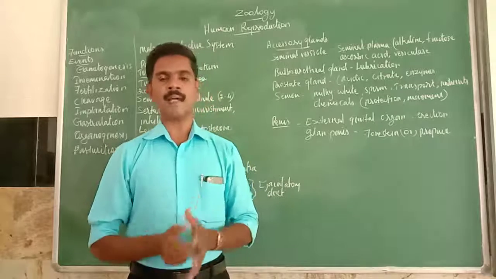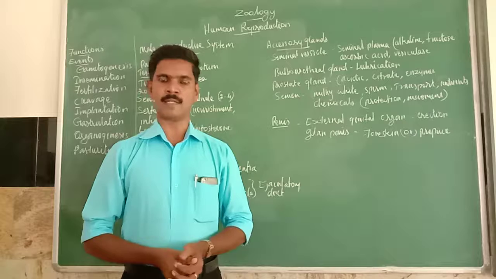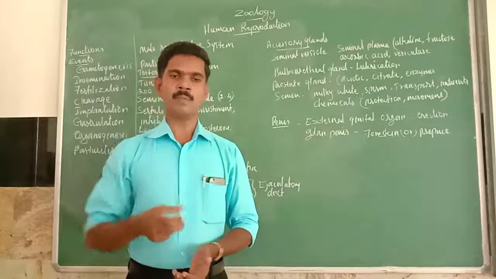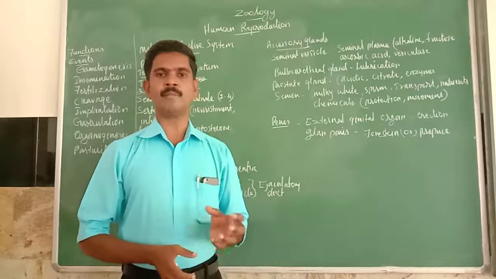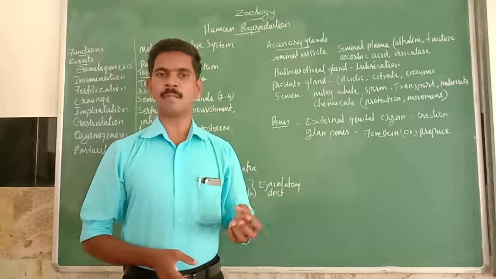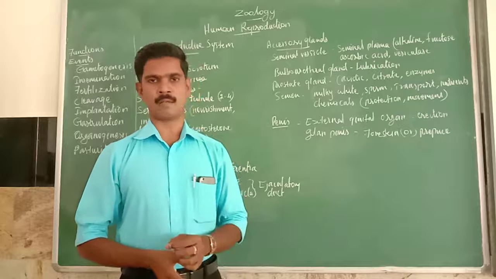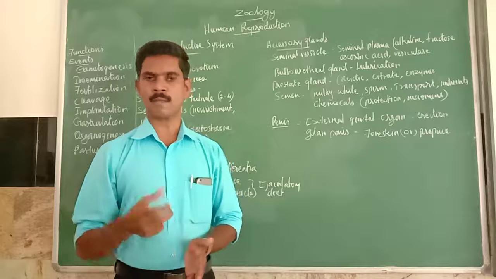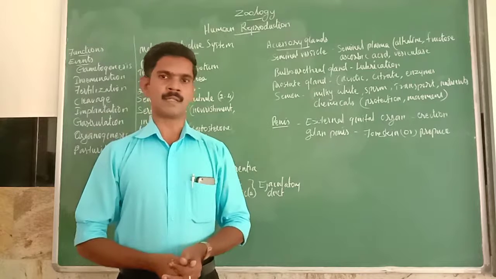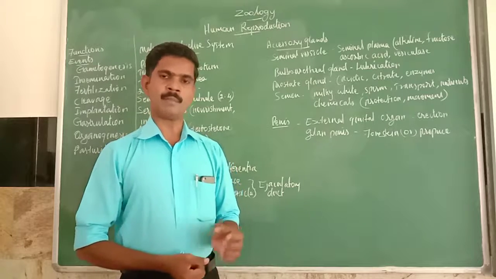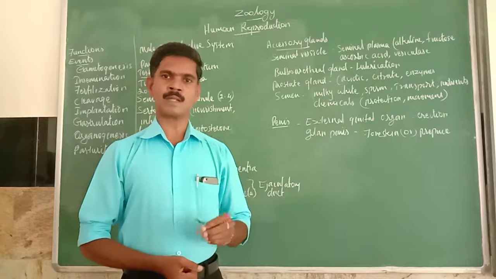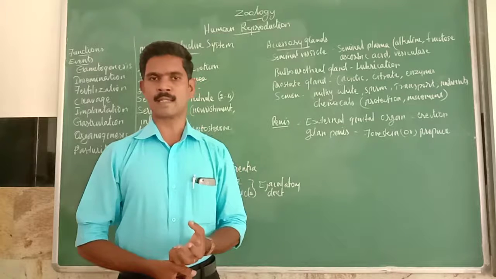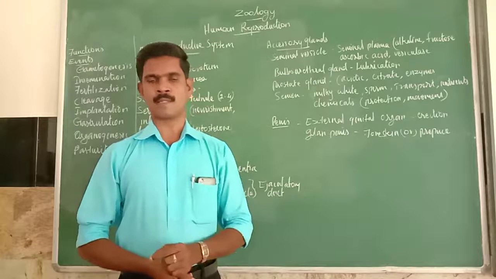The third major function of the reproductive system is giving food to the developing embryo. In human beings, the embryo, the young baby, develops inside the uterus of the mother, for a maximum of 9 months. When the baby is developing inside the uterus, it gets food and gases through the female reproductive system.